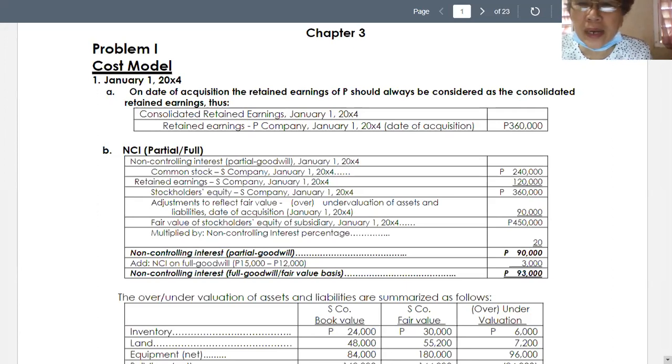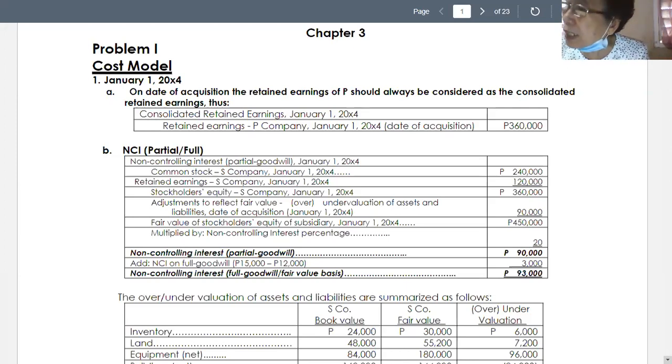However, if we are going to use the full goodwill or the fair value basis, we are going to add the non-controlling interest on full goodwill. That's equal to 3,000.